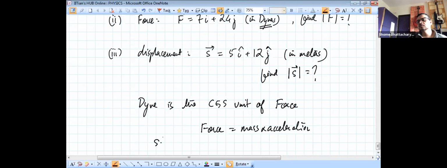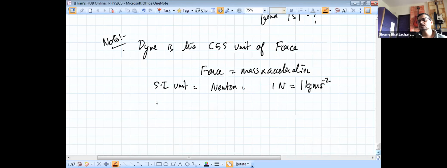So the SI unit is Newton, where we know that 1 Newton is 1 kilogram meter per second square. Okay. So like that in the CGS system. This is just about units. This is not related to the vectors concept over here, but just to understand the unit and that relation.